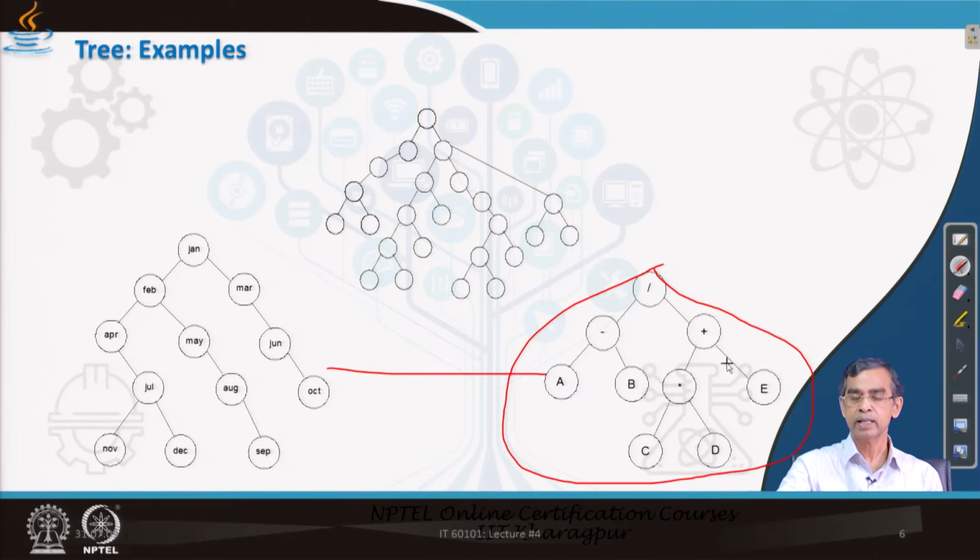We have also studied how an arithmetic expression can be stored in the form of an array, and how a polynomial expression can be stored in the form of a linked list. But here is an example, a binary tree, of how an arithmetic expression can be stored in the form of a tree. So, a tree has many applications.